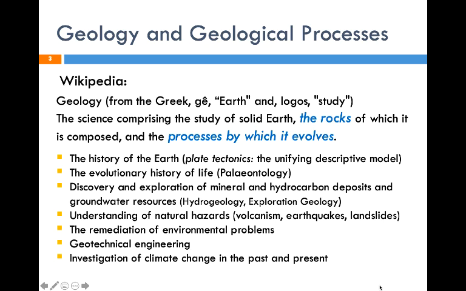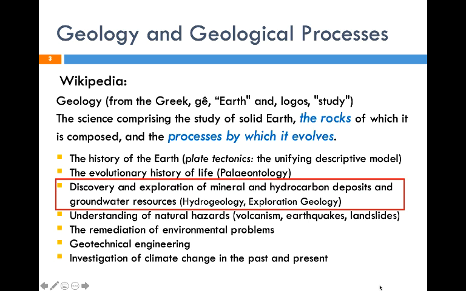A more recent field in which geoscientists are active is obviously the investigation of climate change in the past and also in the present time. The two fields in which most geologists find employment are the discovery and exploration of mineral resources and of groundwater.